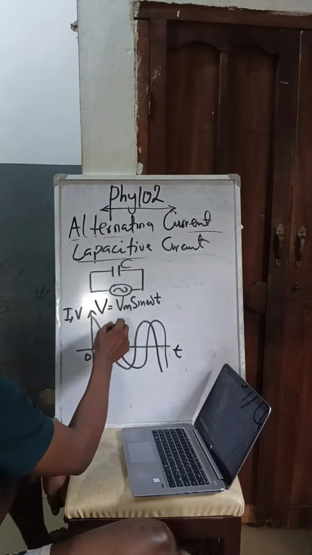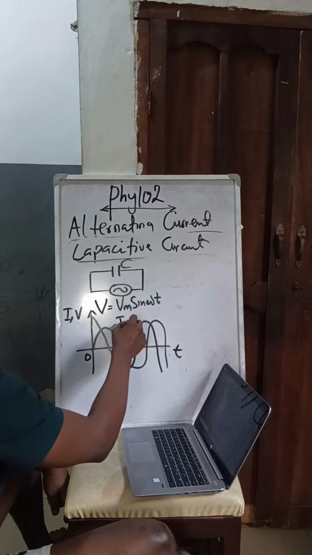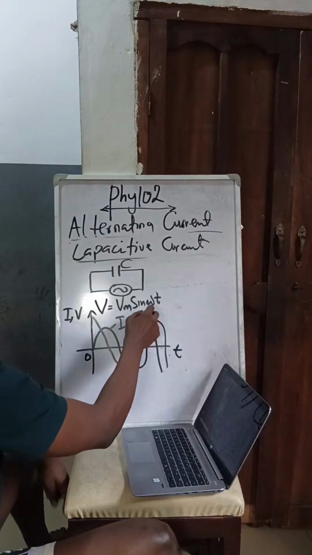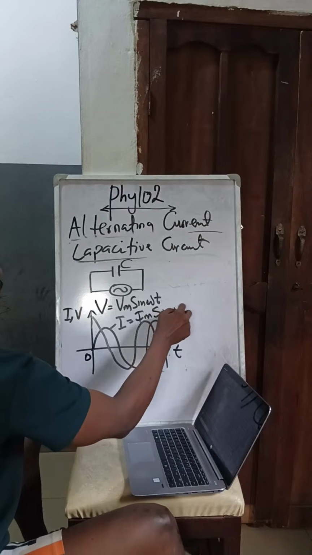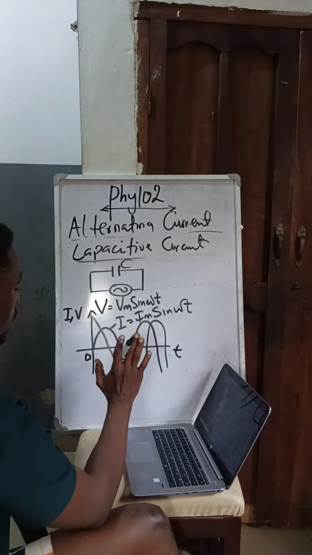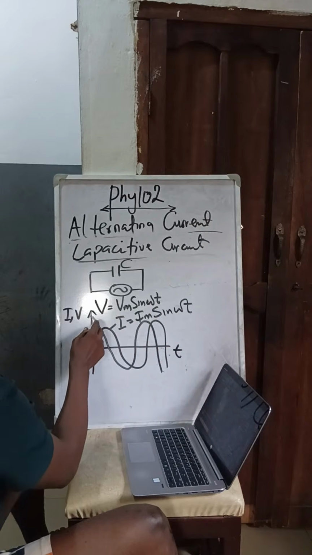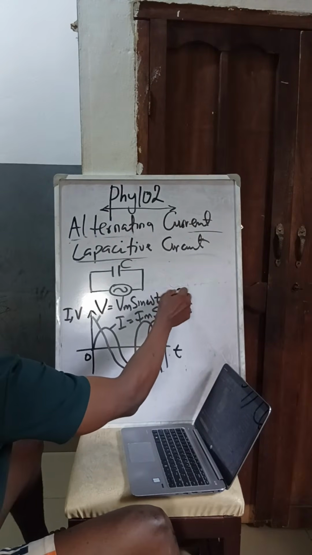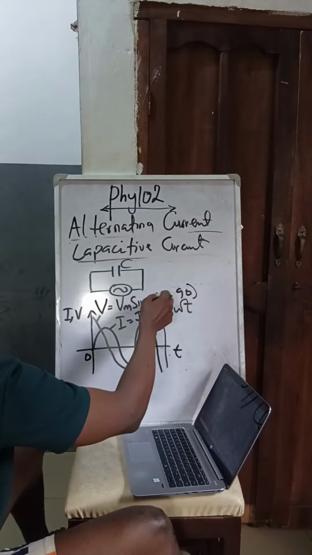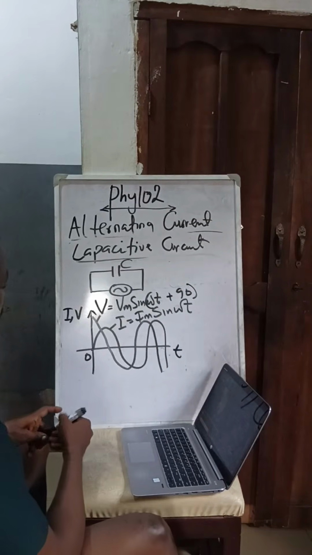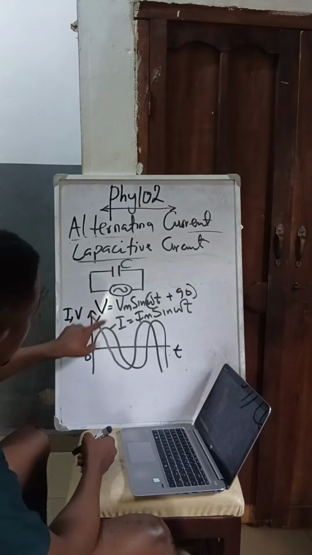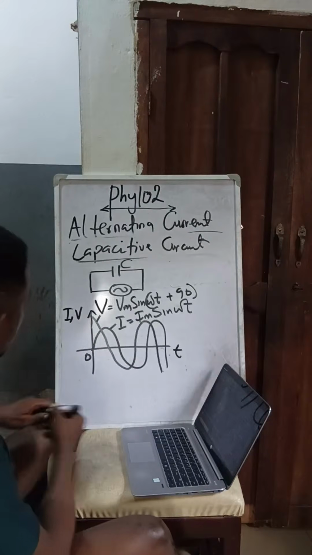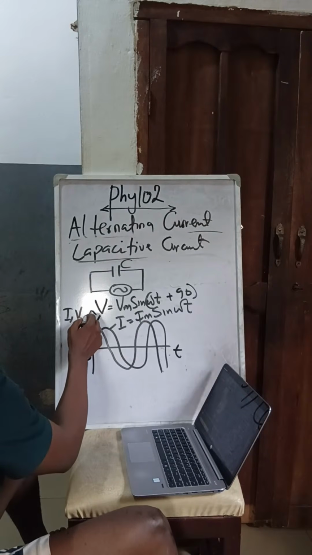This is current, which is leading, then this is voltage, and voltage is lagging by 90 degrees. There is the maximum point.